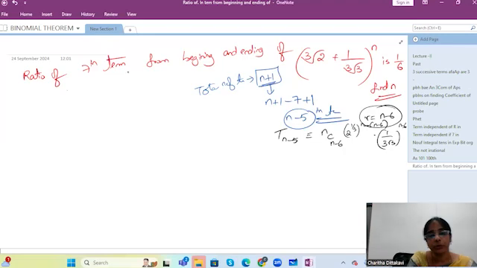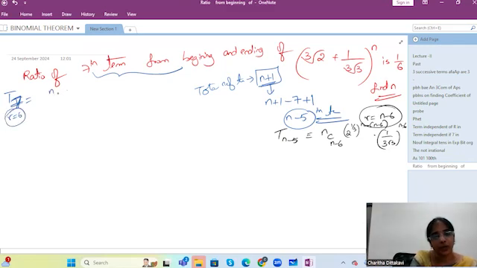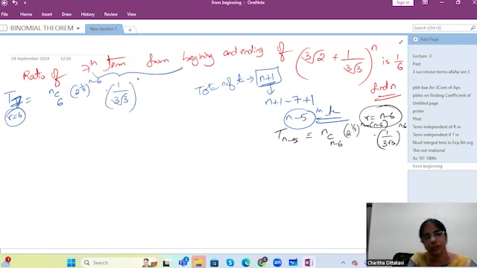Now, what is the term from the beginning? The seventh term from the beginning is T7, which is r equal to 6. So nC6, 2 to the power 1 by 3 whole to the power n minus 6, into 1 by cube root of 3, whole to the power 6.